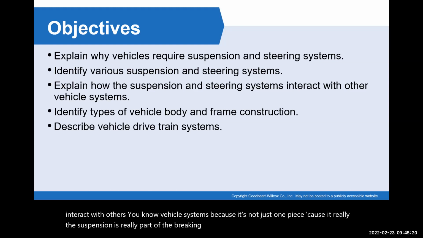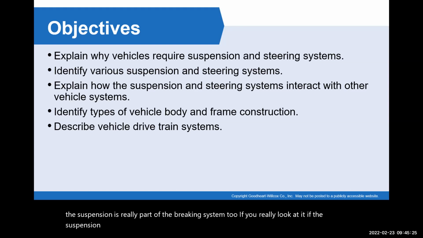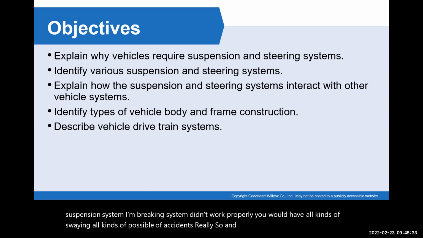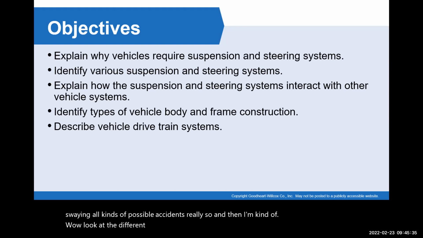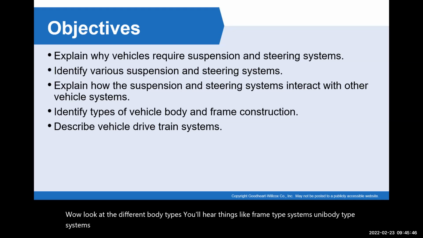If the suspension system and braking system didn't work properly, you would have all kinds of swaying, all kinds of possible accidents, really. Then we'll look at the different body types. You'll hear things like frame type systems, unibody type systems, and then we'll get into a little bit about powertrain, and how that all comes into place too.